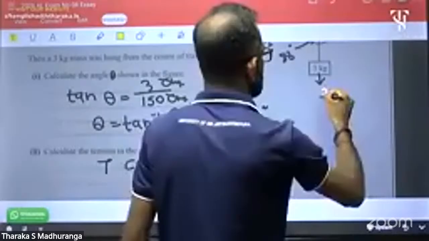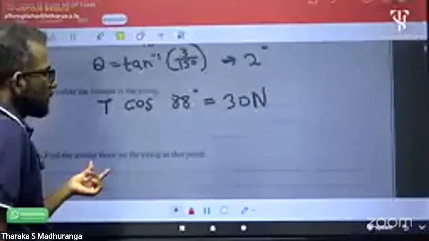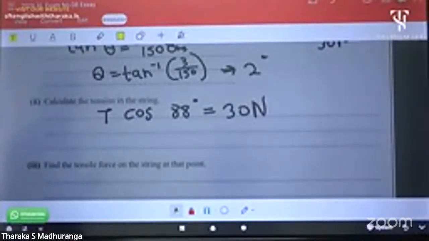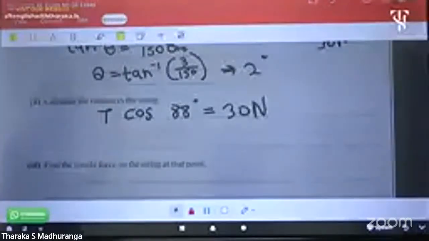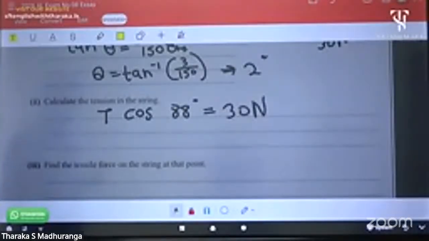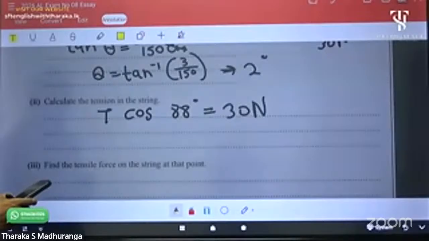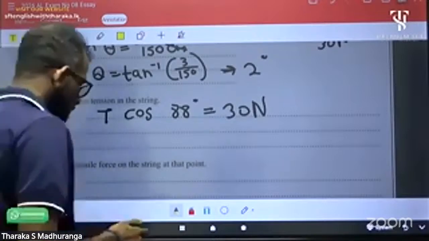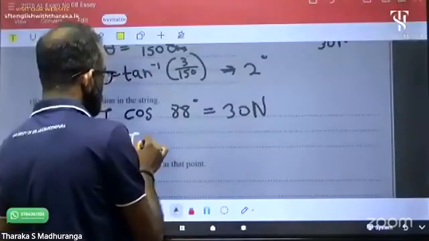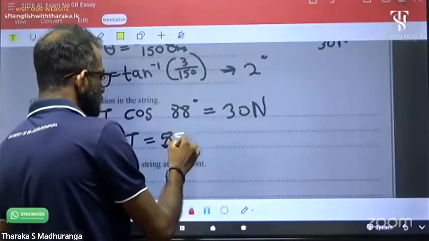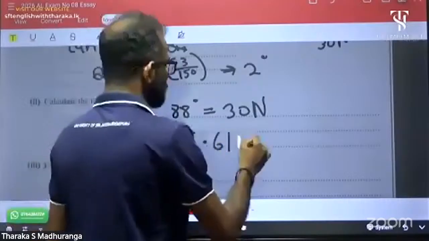Now you can get the answer. 30 divided by cos 88. T equals, sorry, 859.61 Newton.